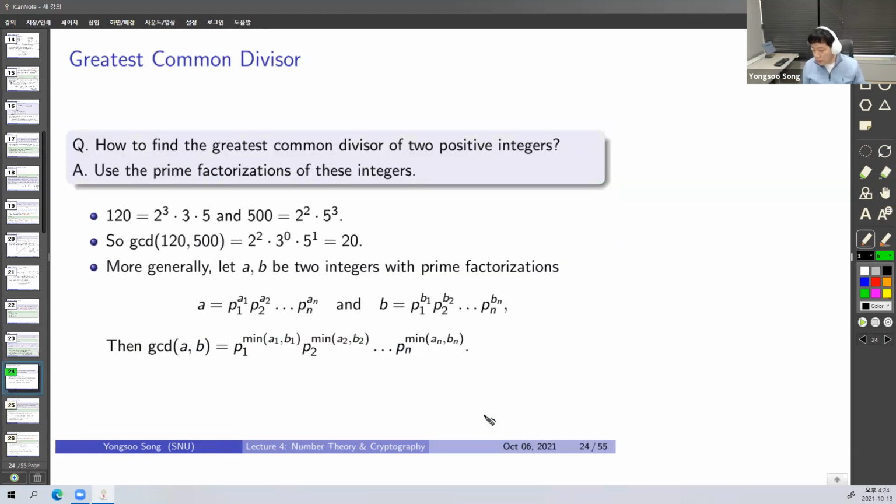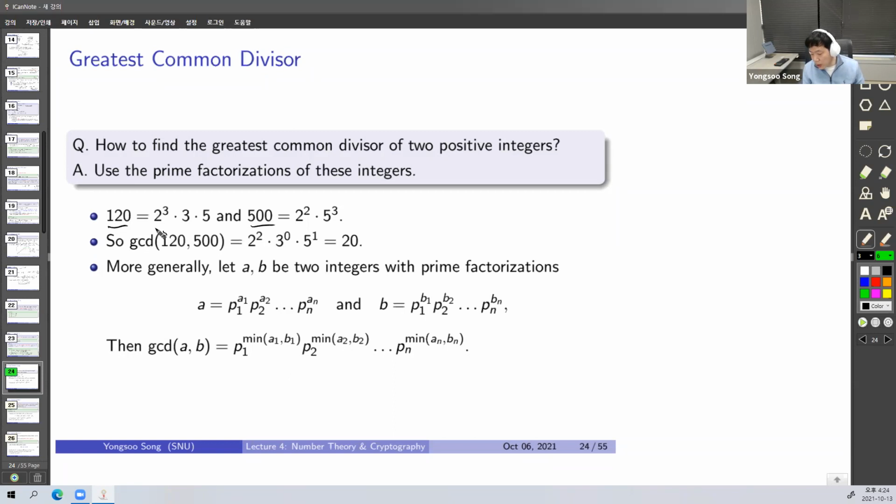Okay, so how can you find the greatest common divisor of two positive integers? Probably in elementary school, we used this method based on prime factorization of the two integers. When we compute GCD of 120 and 500, we first compute the prime factorizations of 120 and 500.